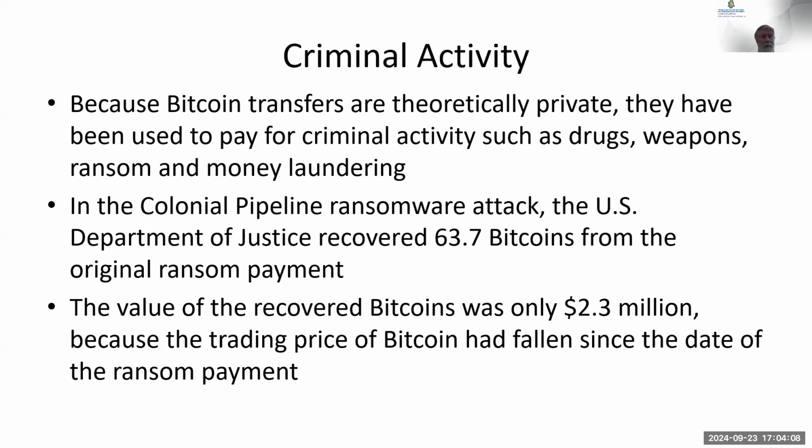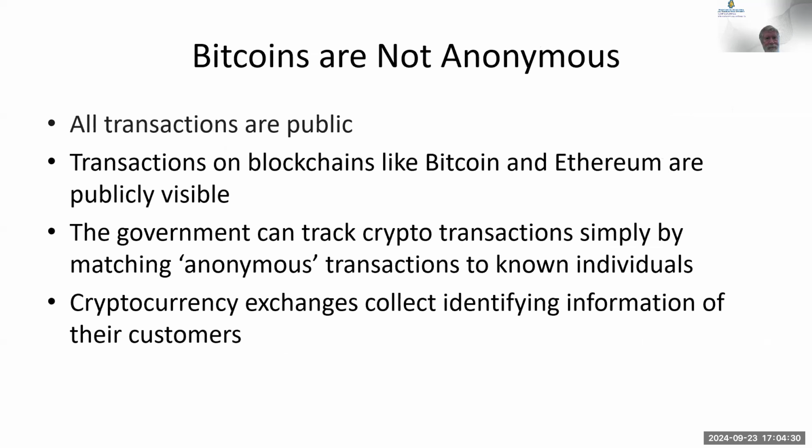The FBI, Department of Justice, got the money back, but the price of Bitcoins varies so much. They were unlucky in that when they gave the Bitcoins to the ransomware criminals, it cost one price. And then the value of the Bitcoins was significantly less when the FBI got it back. And so they lost a couple million.